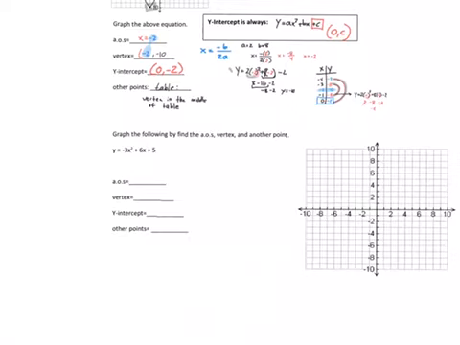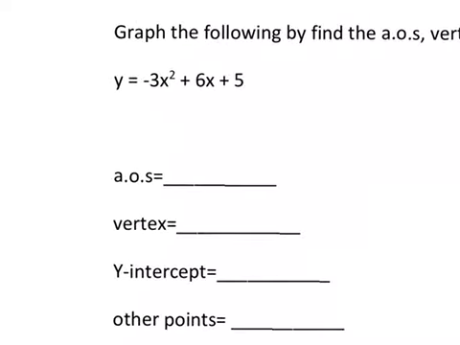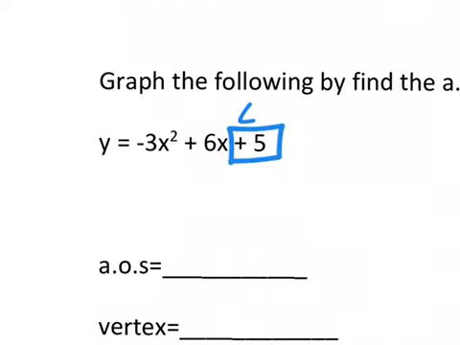All right, so let's go ahead and graph another one, and let's address just a couple features of this one that we might see right away, because there's some information that we can see right away on this that will help us understand this process more. First thing is finding the y-intercept is very easy. It's always 0, comma, and then whatever your c value is, which in this case is a 5.